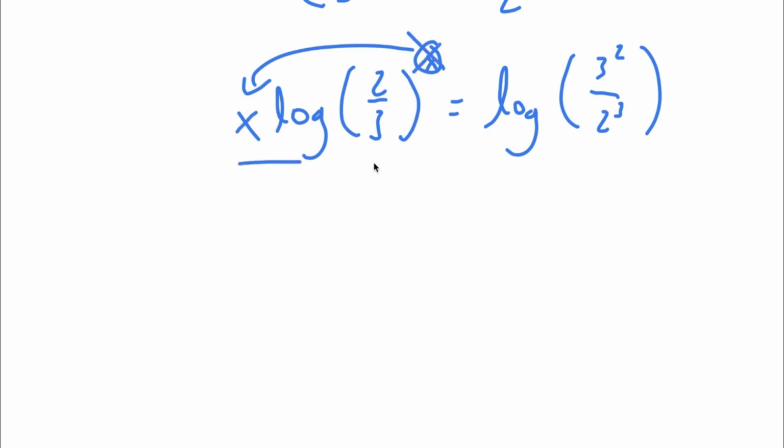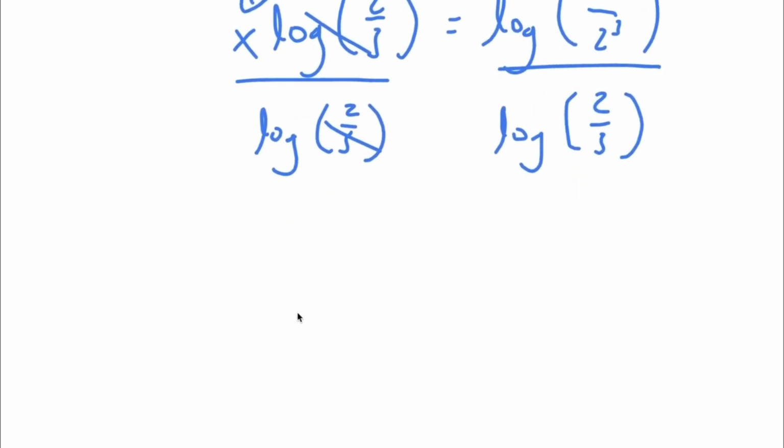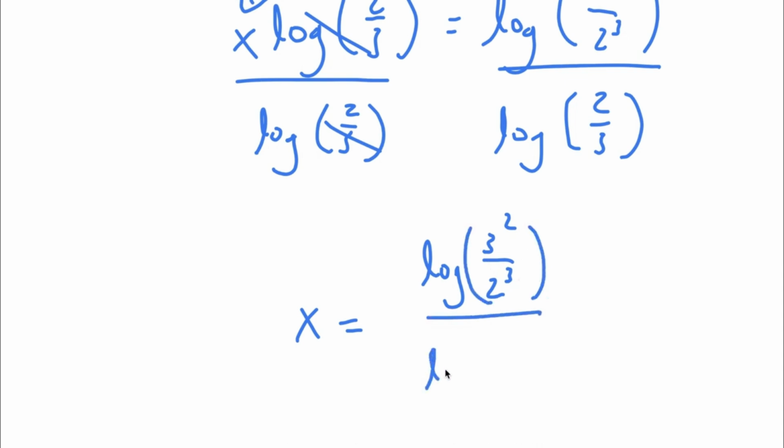And now if I divide both sides by log 2 over 3, these two cancel out, and I'll be left with x is equal to log of 3 squared over 2 to the power of 3 over log 2 over 3.